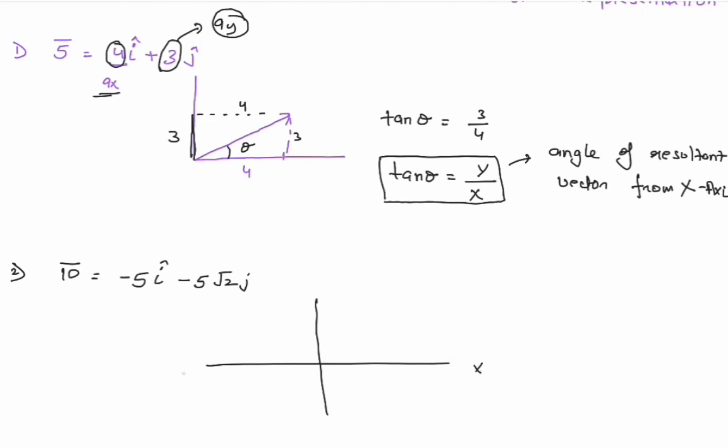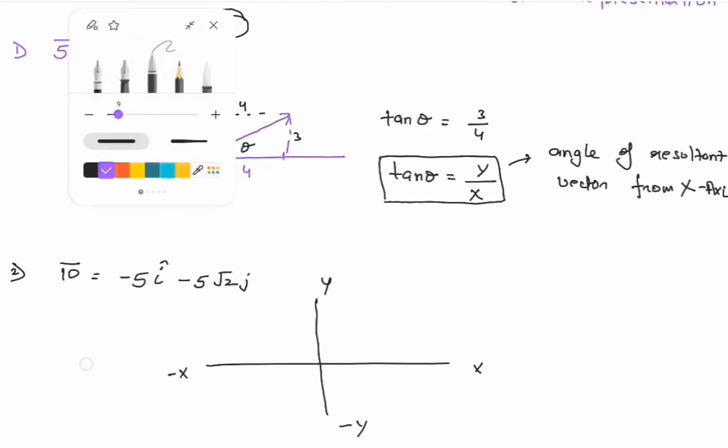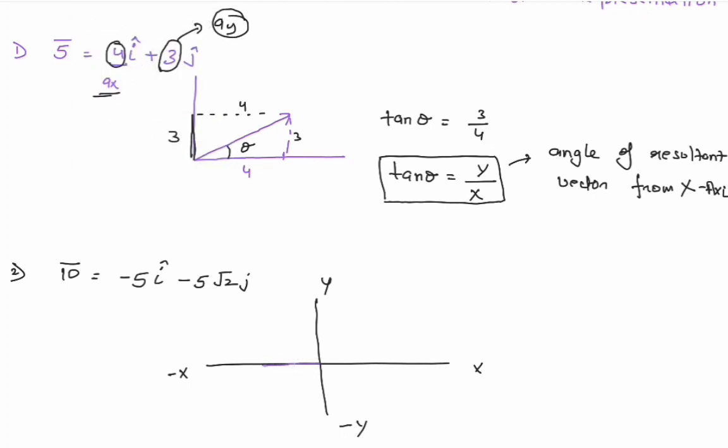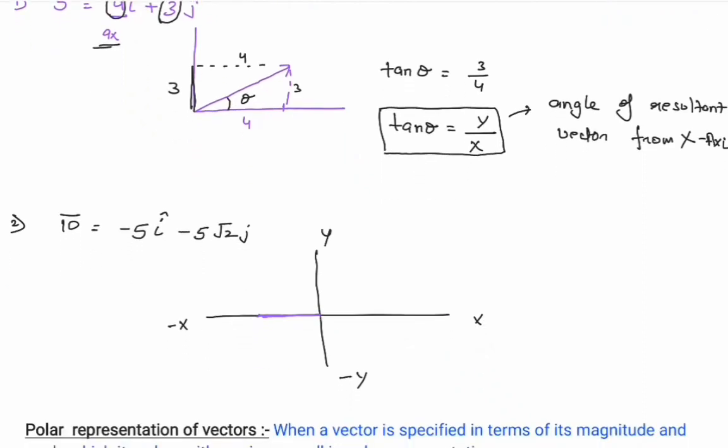This is the x-axis, this is the y-axis, this is minus x, this is minus y. Its x-axis component is minus 5. And its y-axis component is 5 root 2. Then just complete the rectangle. This is the resultant vector.